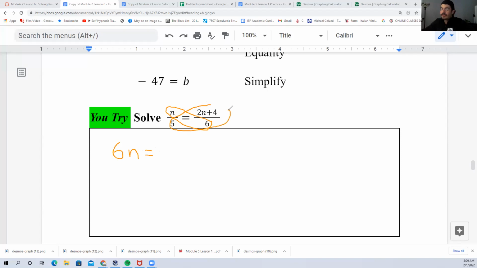Whoops, that was not a good line, teach. That 6 is not part of it. We're going to recall that there are parentheses here because anything that's on the top or the bottom of a fraction is in fact a group. So I need to multiply 5 by the entirety of this fraction.